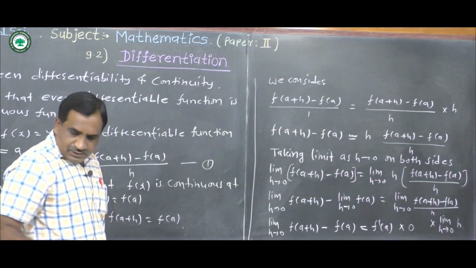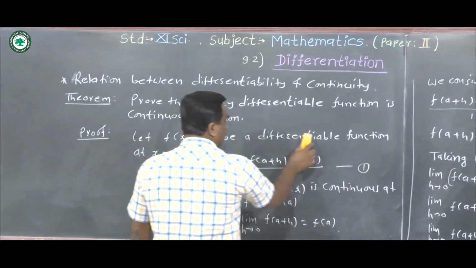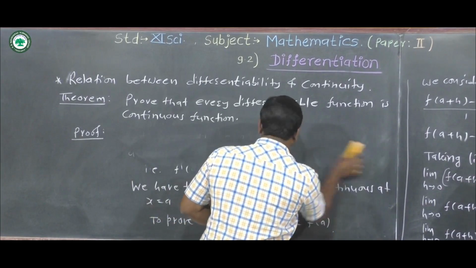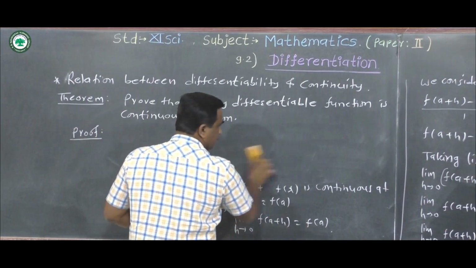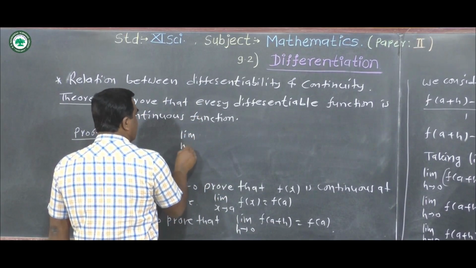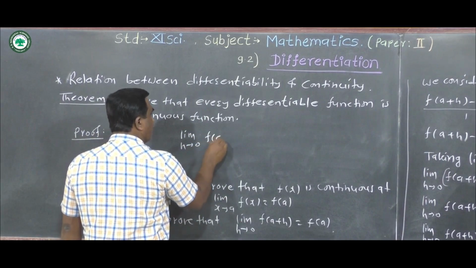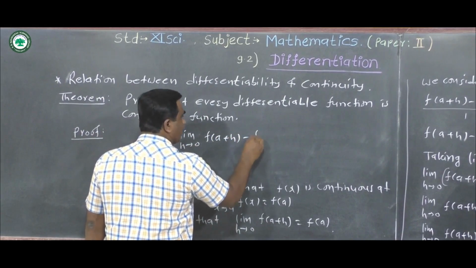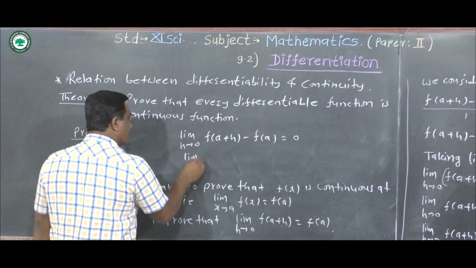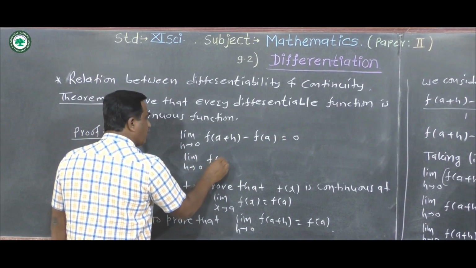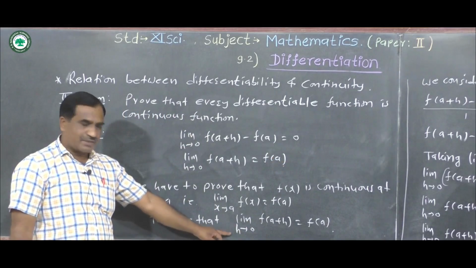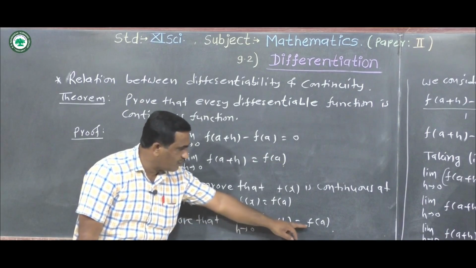Okay, therefore we can write here limit h tends to 0 of f of a plus h minus f of a is equal to 0. That is, limit h tends to 0 of f of a plus h is equal to f of a. We get this equation: limit h tends to 0 of f of a plus h equals f of a.